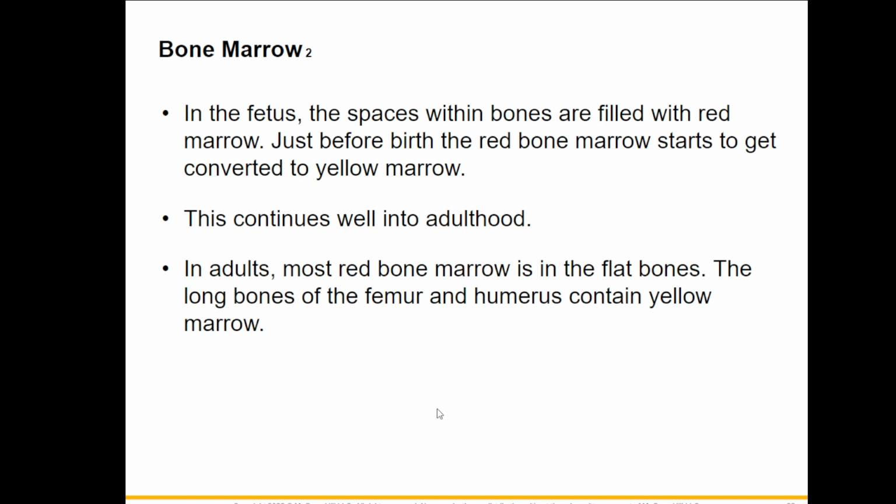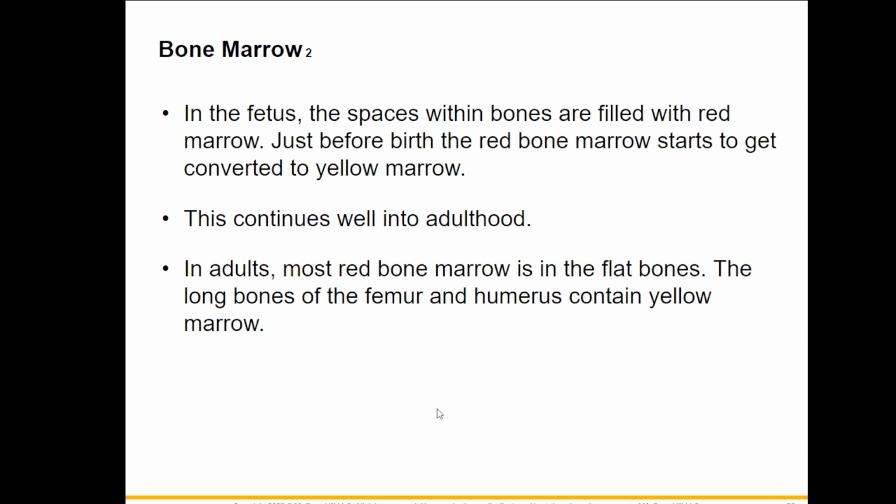Okay? So in fetuses, in babies found inside the womb, the spaces within the bones are filled with red marrow. Puro red marrow yan before we get born. But just before our birth, the red bone marrow will start to convert to yellow. And as we grow older into adulthood, more red bone marrow becomes converted into yellow.